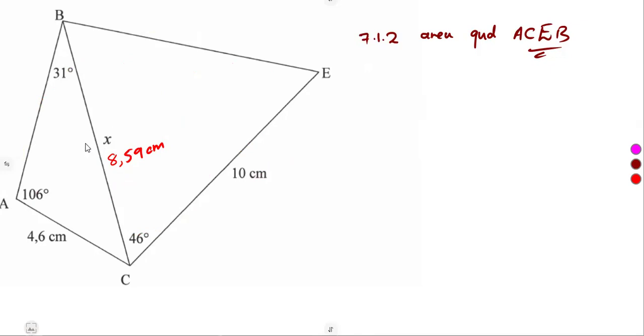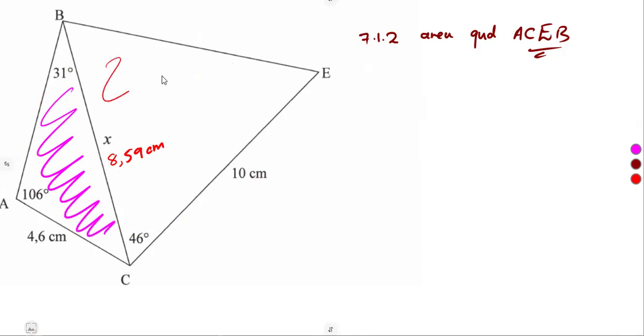But we know that this quadrilateral is made up of 2 triangles. There's a triangle here. There is another triangle here, and we know how to determine the areas of triangles.